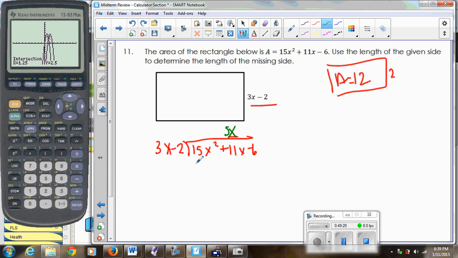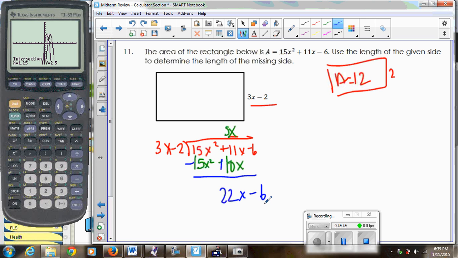So 5x times 3x gives me 15x squared, which is what it should be. And then 5x times negative 2 gives me a negative 10x. The next step is to subtract. So what you need to remember is that you're subtracting both terms. I'm subtracting the 15x squared as well as the negative 10x, making this a positive 10x. And so when I combine, I get 22x, and then I can bring down my 6.